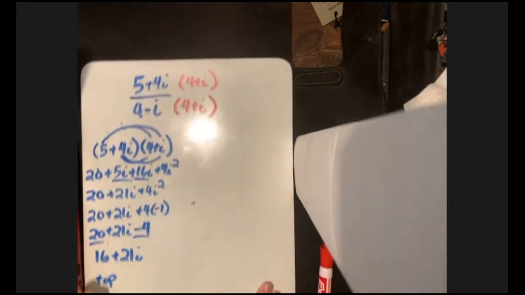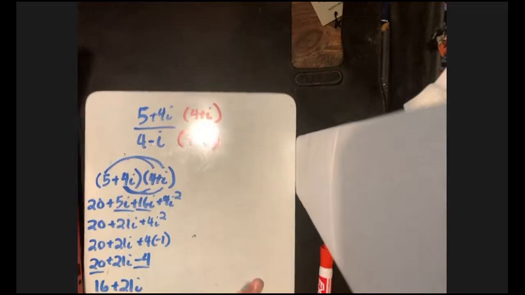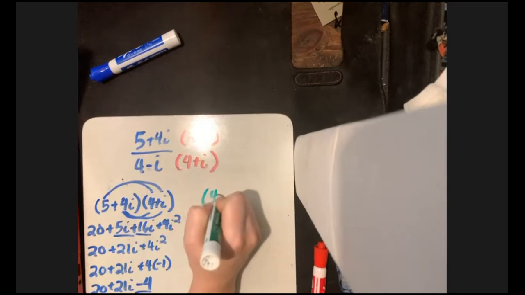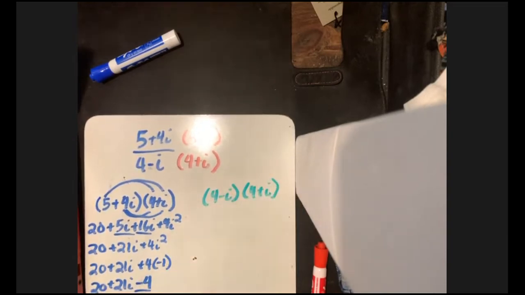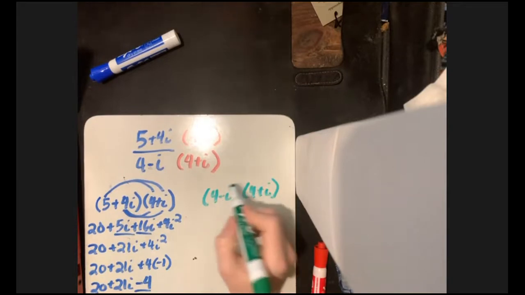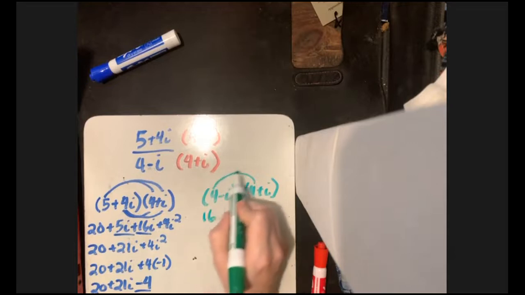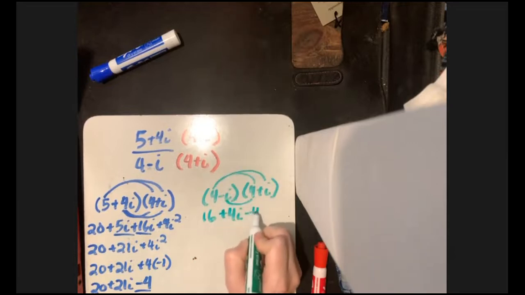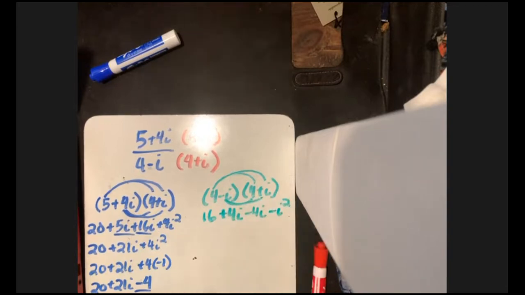Okay. So now let's look at doing the denominator part. So we're going to have 4 minus i, 4 plus i. And again, because we're doing a complex with its conjugate, we shouldn't have any i's left over. So it's going to be 16 plus 4i minus 4i minus i squared.